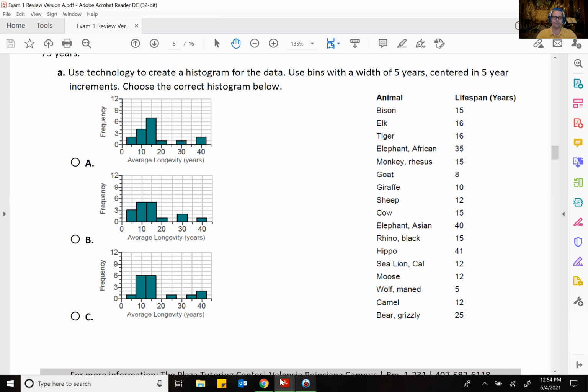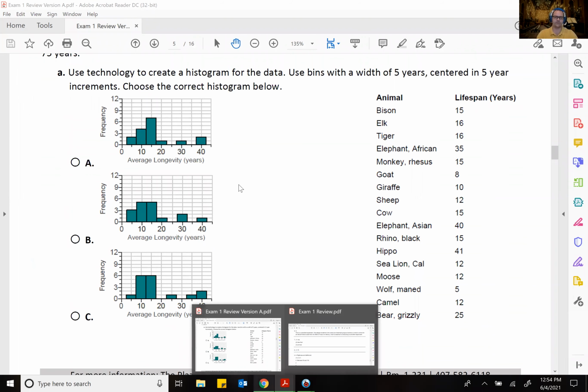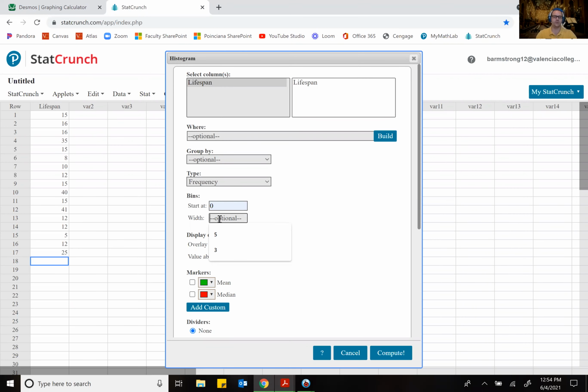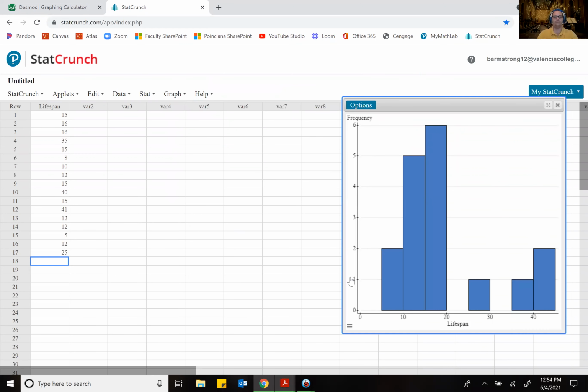Okay, so I'm going to go into my StatCrunch. I'm just going to call this 5. Compute. So I'm really looking for a histogram that looks like this. Now, granted, my bars are not centered at 5 years, but even if I do center them at 5 years, it will still look somewhat like this.